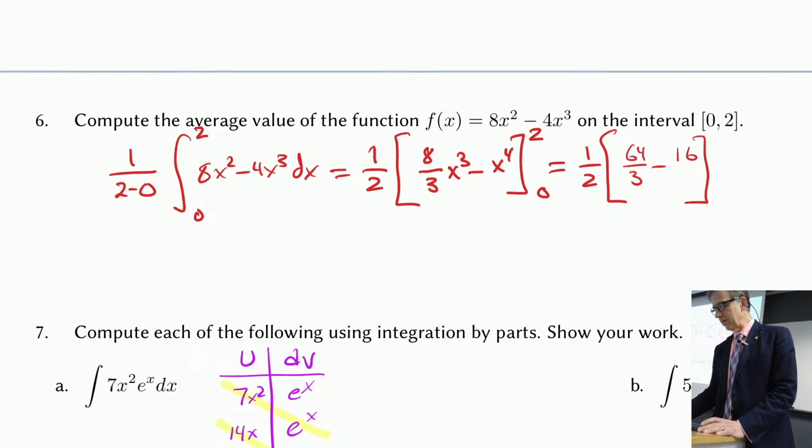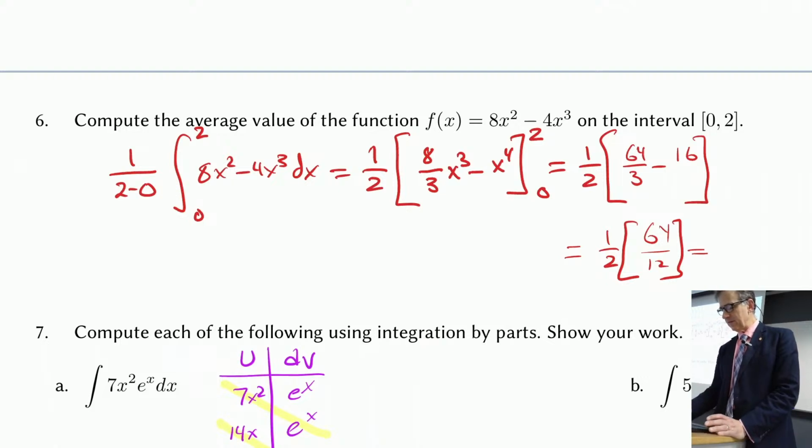So that's going to be 64/12. So 1/2 times 64/12, which I can simplify, I realize, 16/3, 8/3. Is that the right answer?